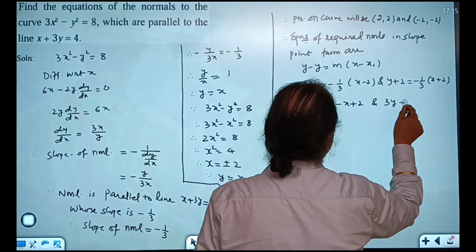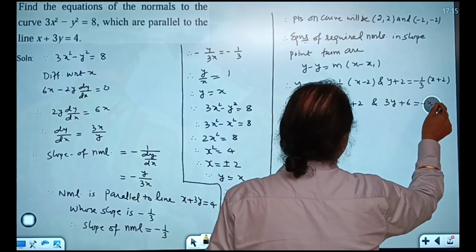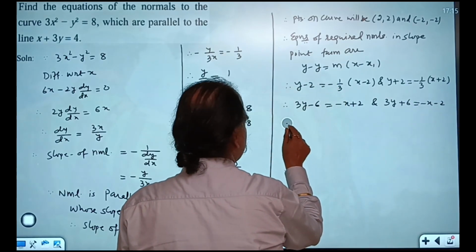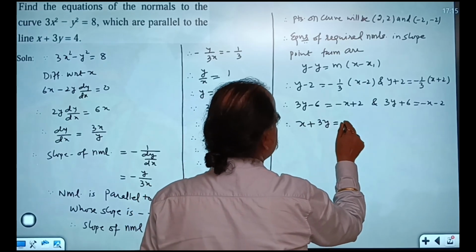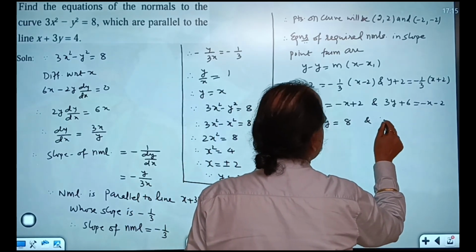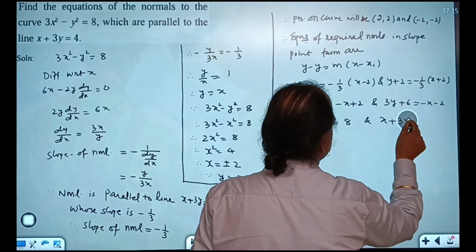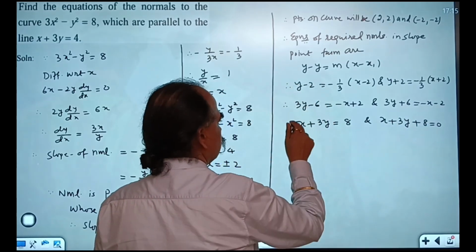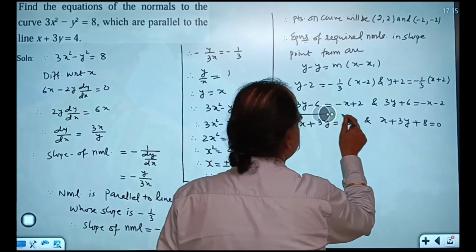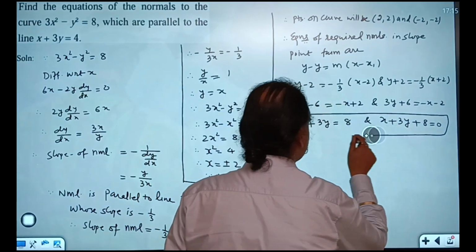And 3y plus 6 is equal to minus x minus 2. So x plus 3y is equal to 8 and x plus 3y plus 8 is equal to 0. So these are equations of normals.